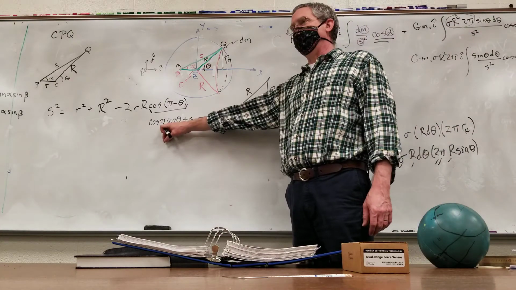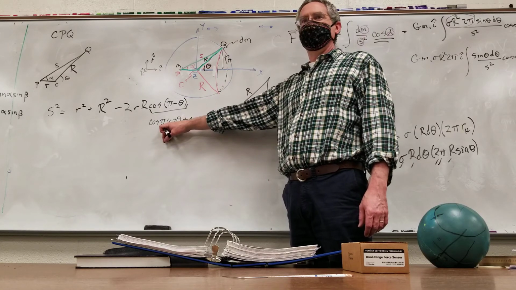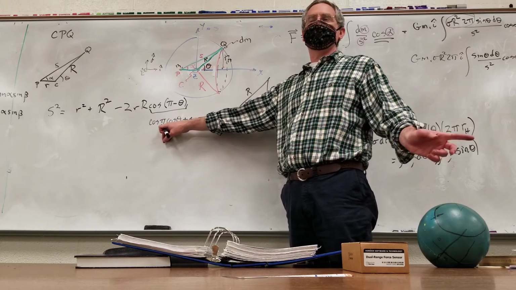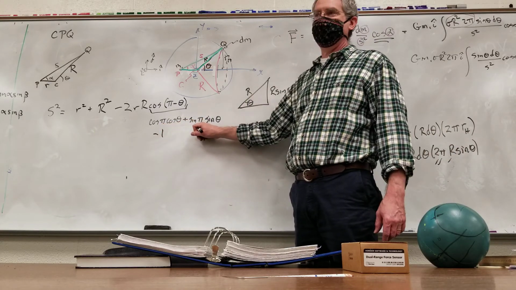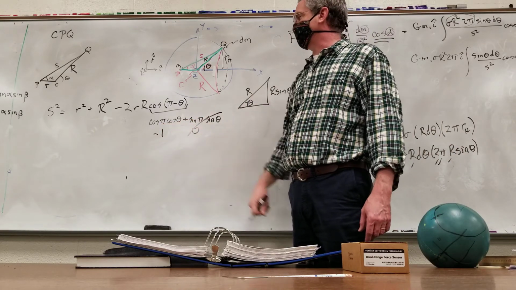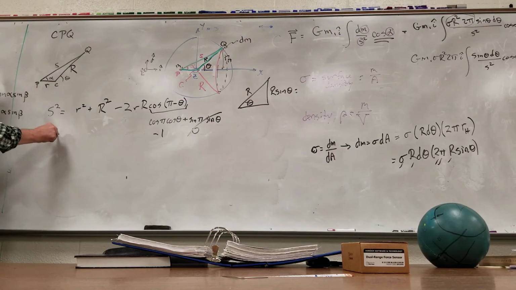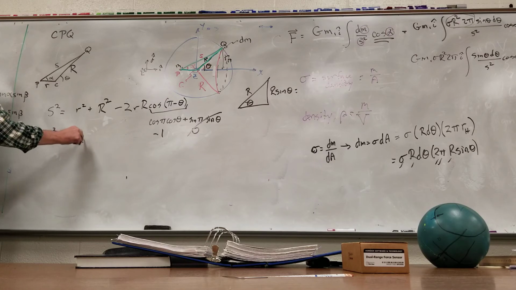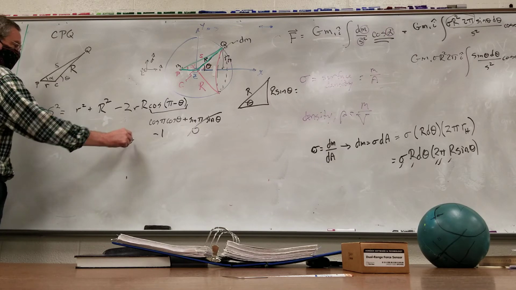What's cosine of pi? Yep. Sine of pi? So that whole side drops out. And what we're now left with is s squared equals little r squared plus big R squared plus 2 little r big R cosine of theta.